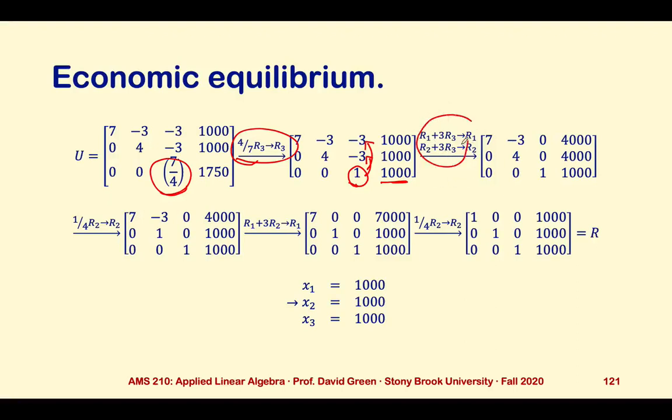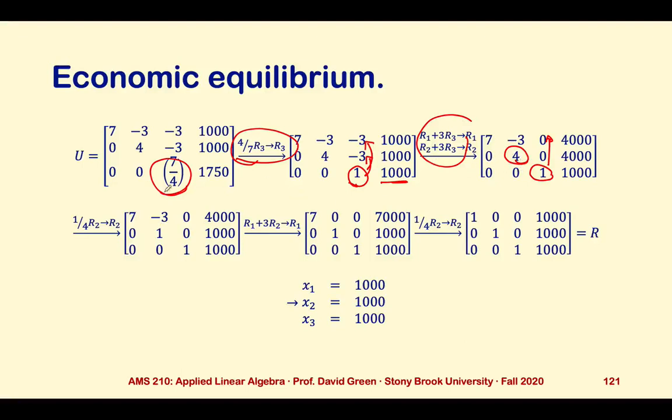Our next set of steps. 1 plus 3 is, of course, 0. 1,000 plus 3,000 is 4,000, and 1,000 plus 3,000 is also 4,000. We've eliminated the entries above this pivot. We now move up a row and over to the left to our next pivot. First step, scale.